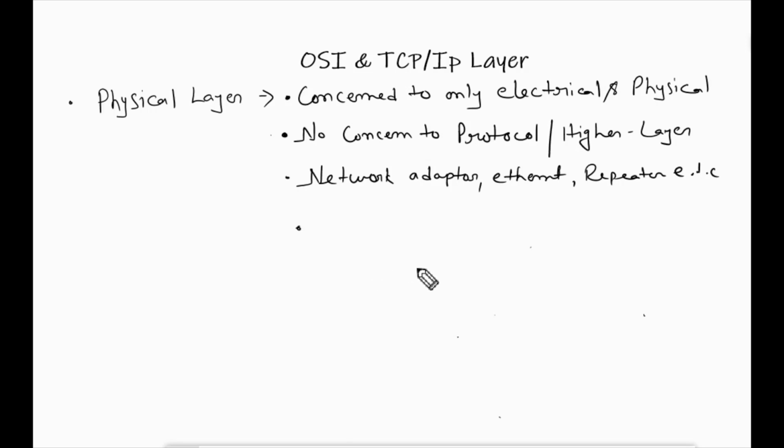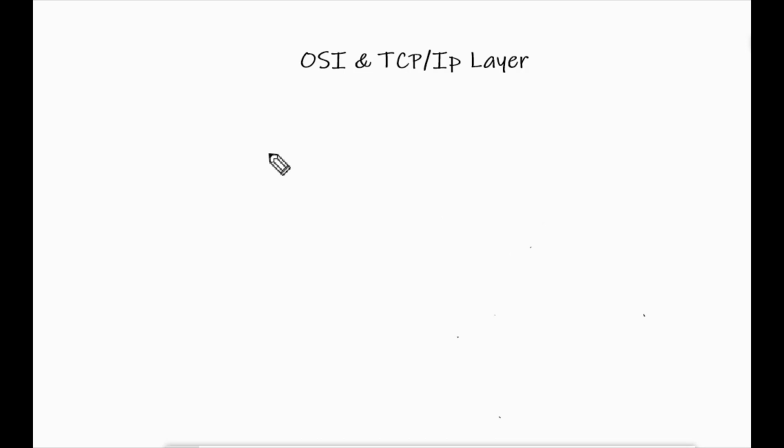Now let's see the data link layer. After the physical layer, we have the second layer of OSI, that is data link layer.